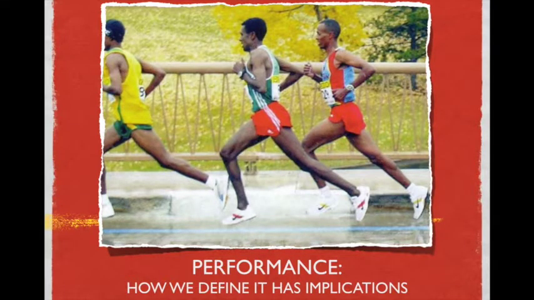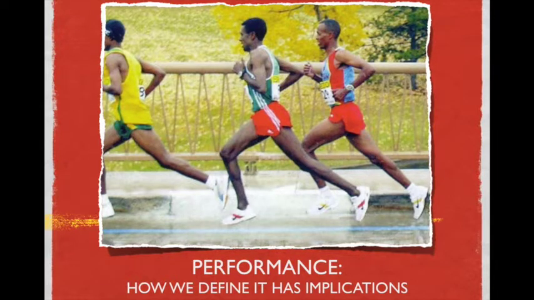Again, we go back to this idea of our runners. How we define it has implications. As I draw on the analogy we used earlier, if we use a group performance mentality, it tells us only about the average, which leaves out some information. If we look at only the people who finished first and we define that as performance, it leaves out some people.